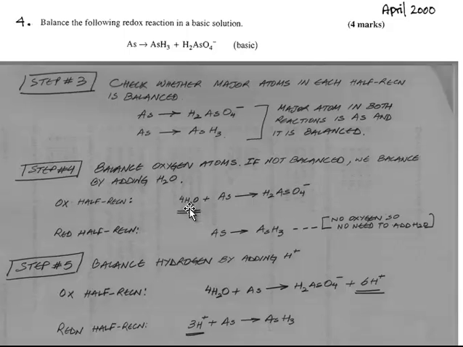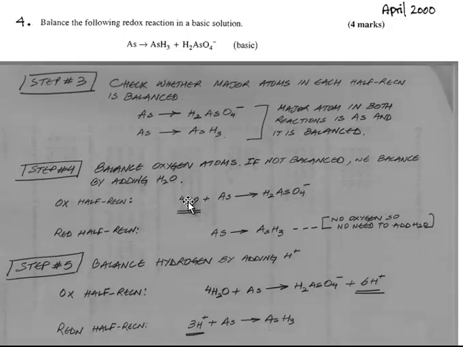So 4 atoms of oxygen here, and we balance it by introducing 4 water. So 4 oxygen here, 4 oxygen here. And similarly in the reduction half reaction, there is no oxygen, so we don't worry about it.